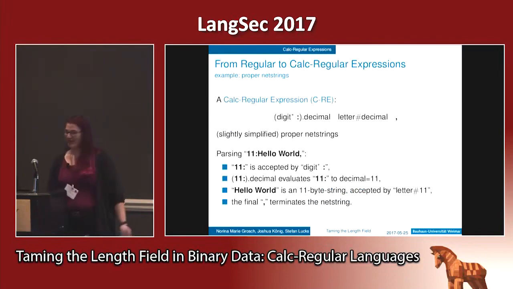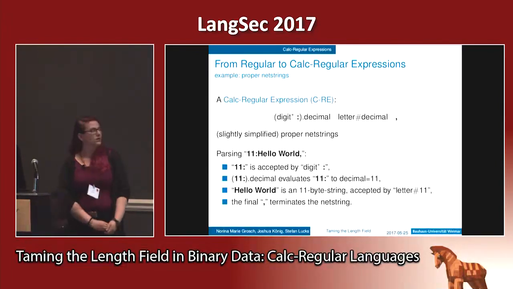Okay, now Calc regular expressions. So we saw the naive netstring as an irregular expression, and now a proper netstring as a Calc regular expression. It looks like digit star, colon, dot decimal, and letter hash decimal, comma. So decimal is a function.